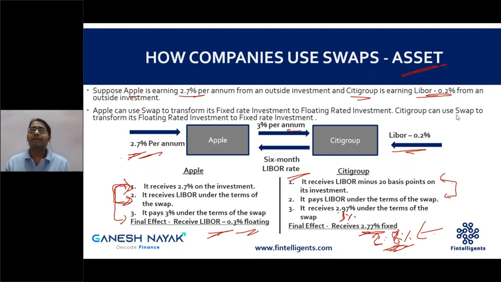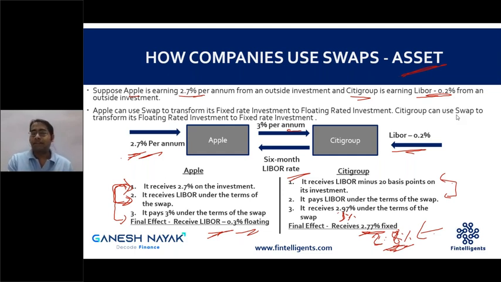If I am ITC and I have $100 million invested in a corporate bond, which gives me a fixed rate. When I entered into the contract, at that point in time, the interest rate was 7%, but now the interest rate has gone to 15%. But that bond is only going to pay me 7%. Now, I want to earn more money, but I cannot change that bond transaction.